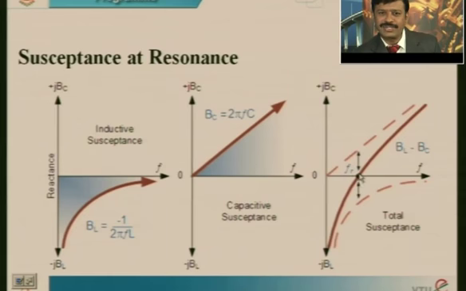Here these two arrows indicate the values of BL and BC, both susceptances, and whenever both are equal, we are getting the resonating condition, or resonance.